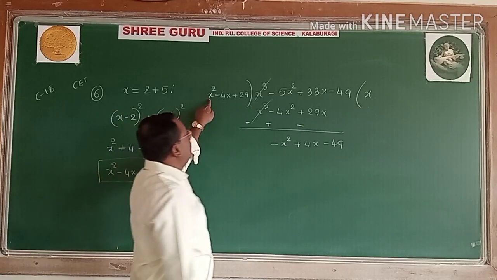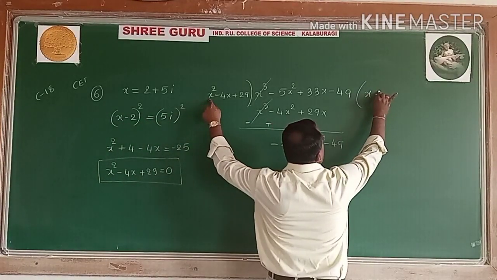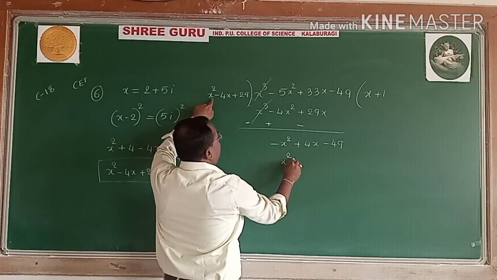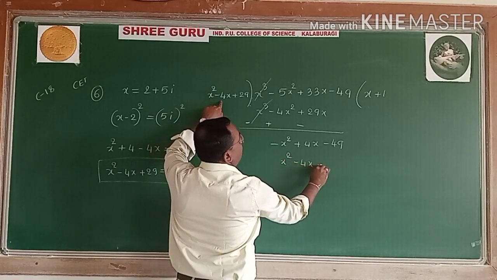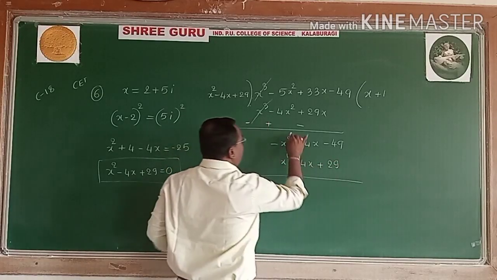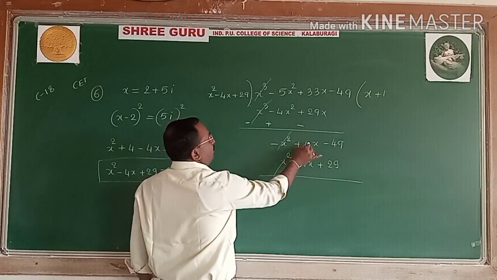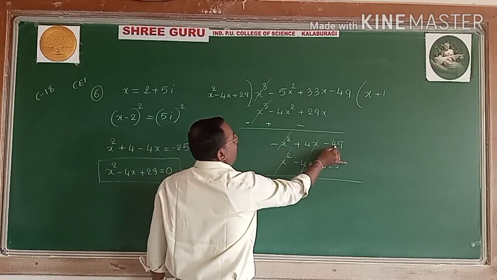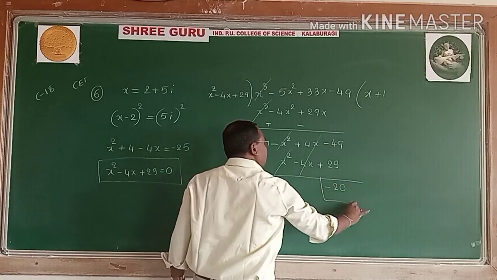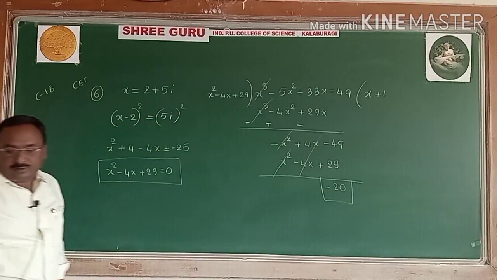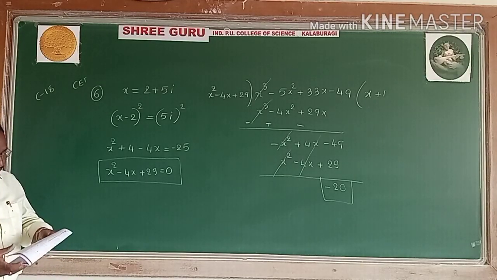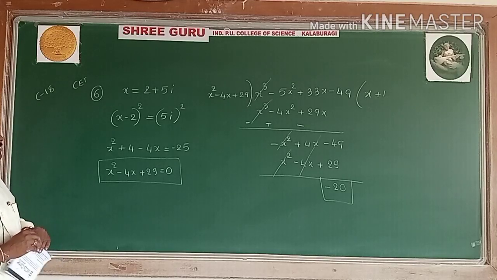Once again, 1 times x square minus 4x plus 29. The negative and positive cancel, plus 4x minus 4x cancel, and minus 49 plus 29 is minus 20, which is the remainder. You are asked for the value of the expression, so that is the value.